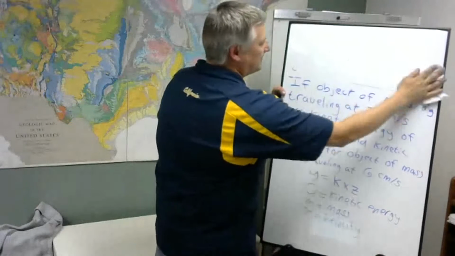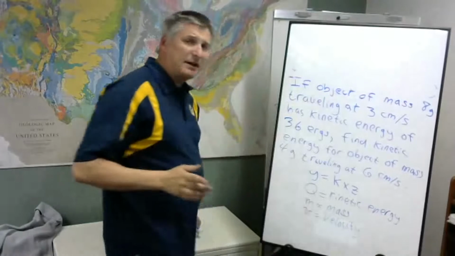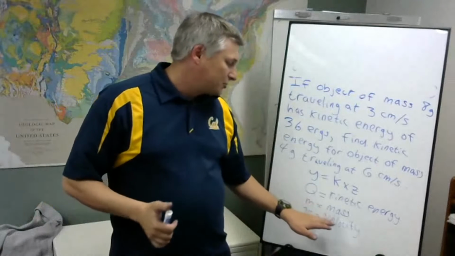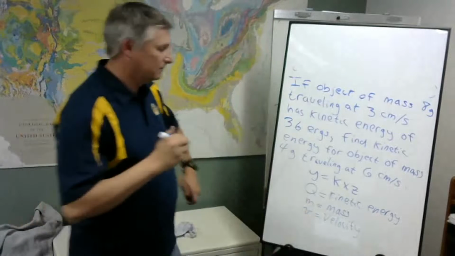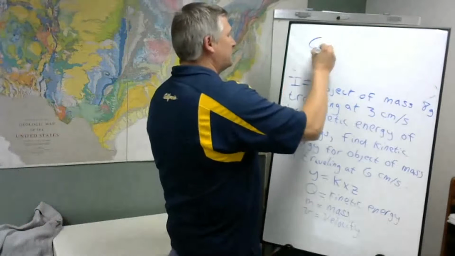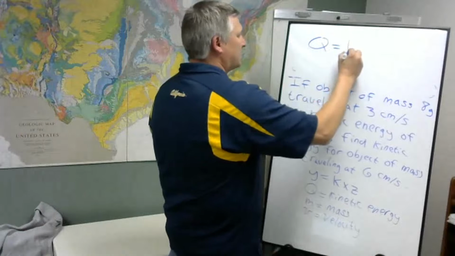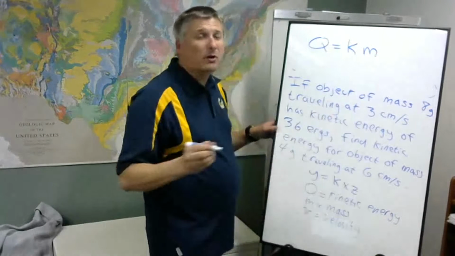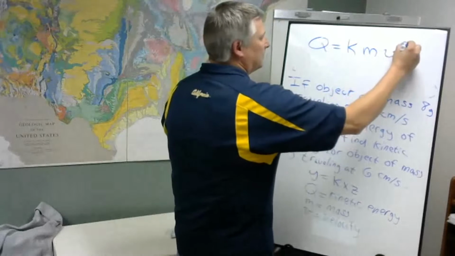Now, the problem says that kinetic energy varies jointly with the mass and the square of the velocity. So that means kinetic energy Q is some constant K times mass times the square of the velocity, V squared.